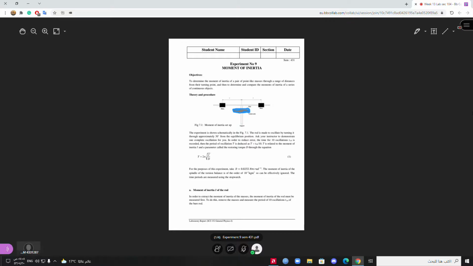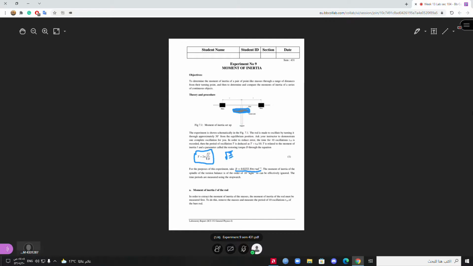The time period of the system is given by this formula, T equal to 2 pi square root of I over D. What is I? I is the moment of inertia of the setup. D is a constant, like a spring constant. The constant of the given spring is 0.0255. From this, can I get your I?